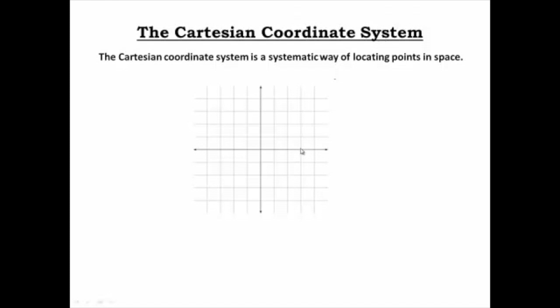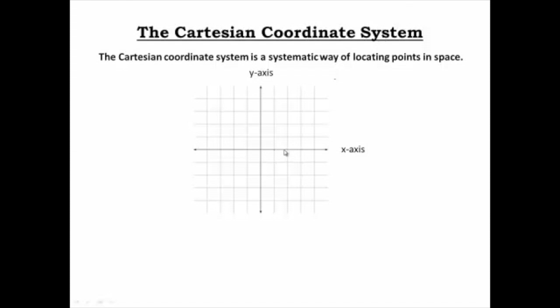We do that by taking two number lines and crossing them. This number line is what we call our x-axis, and the vertical number line is what we call our y-axis. On your horizontal axis, your x-axis, the point where they cross is 0.